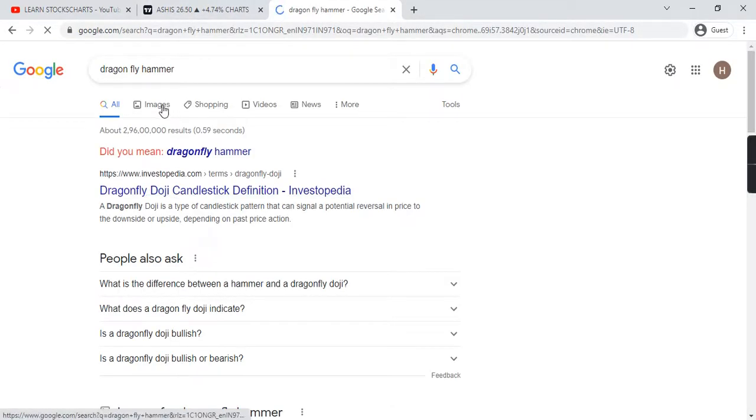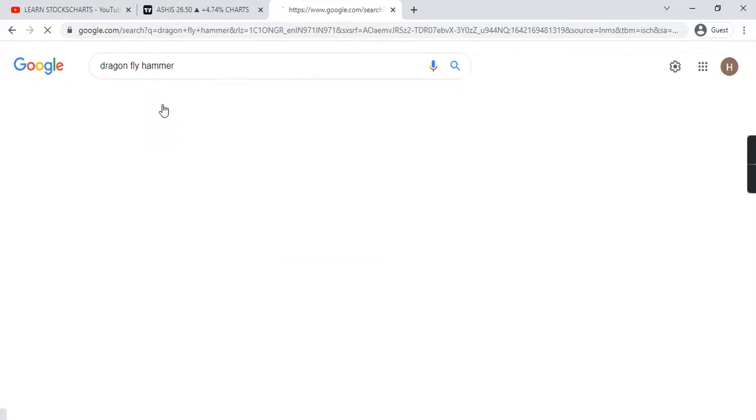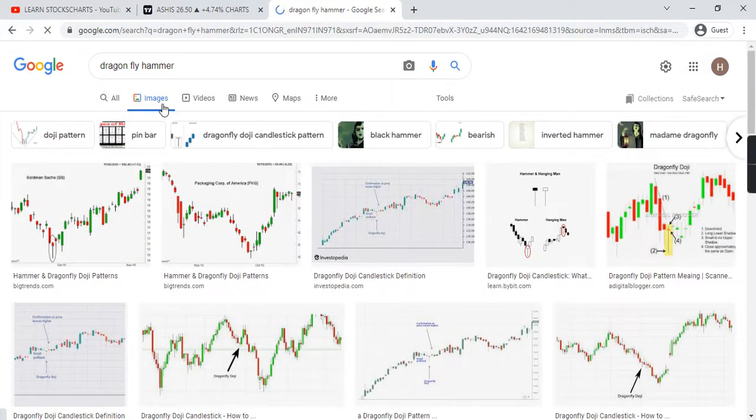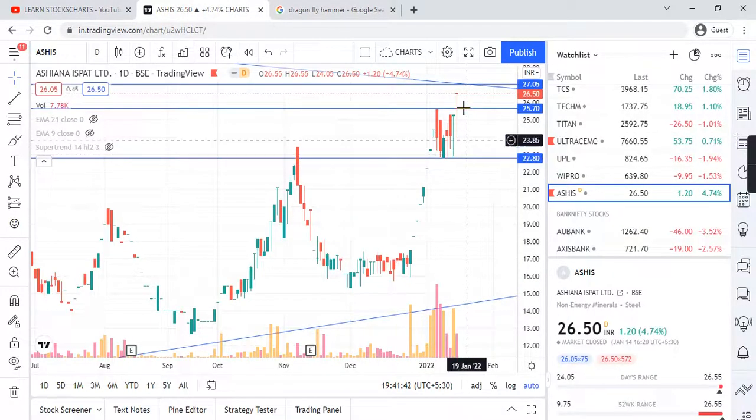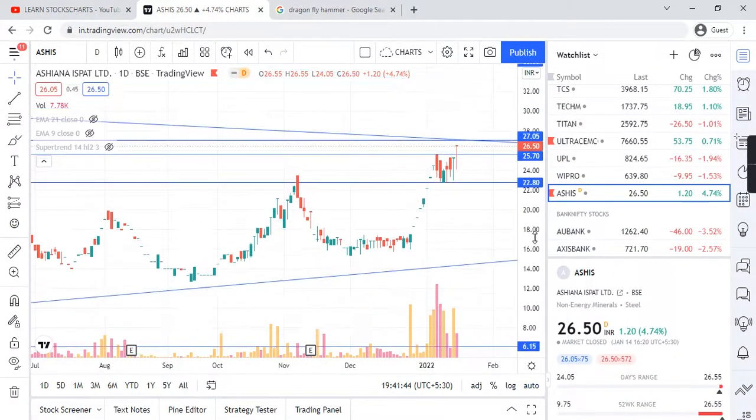Dragonfly doji candlestick pattern or a hanging man. If this hanging man is coming into picture, the chances are upside as per the Google analysis. So high chances, a hanging man upside. Keep an eye on it also.